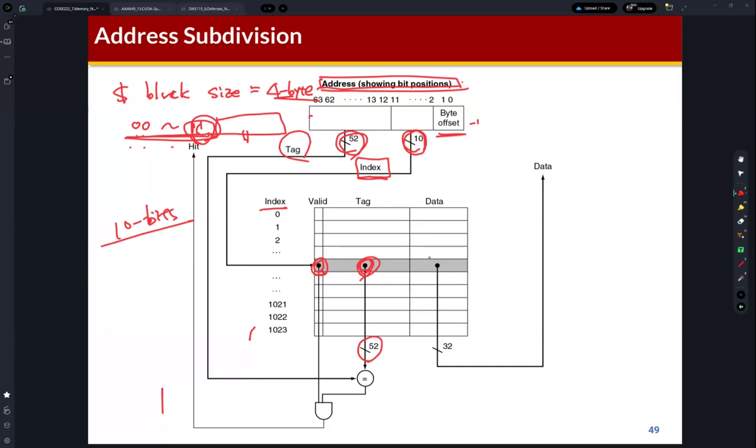If the tag is matched and it's valid, then it's a hit. So in the hit case, we can read data from cache. Okay. So this figure shows how the data address is allocated to the cache tag, cache index, and byte offset of the cache block.